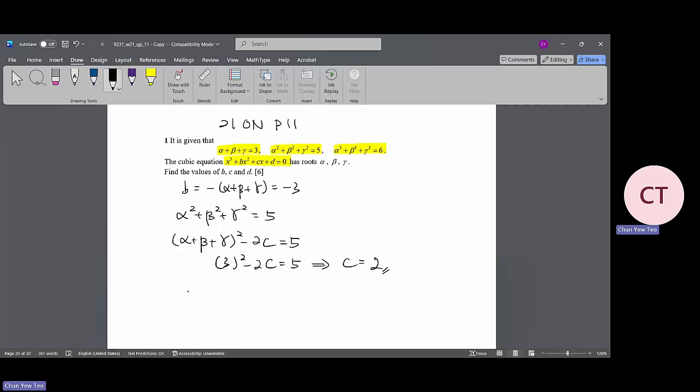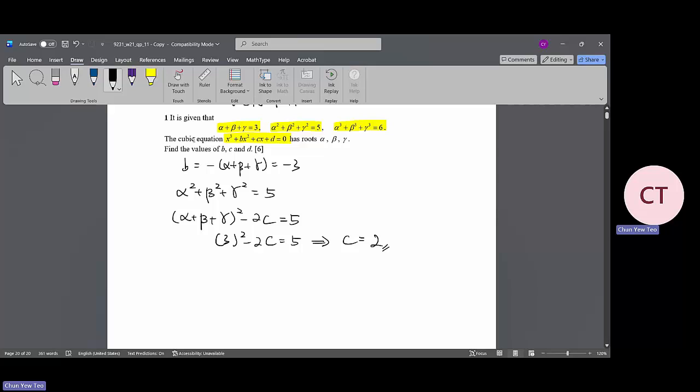Then as for D, to find D, we need alpha multiplied by beta plus gamma. However, we will need to declare that we let Sn equal alpha to the power n plus beta to the power n plus gamma to the power n. Then we have S3 plus Bx squared. B is negative 3 and C is 2, which we have just found, plus D is equal to 0.